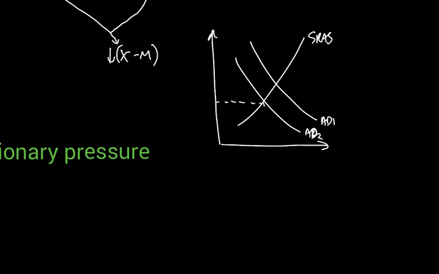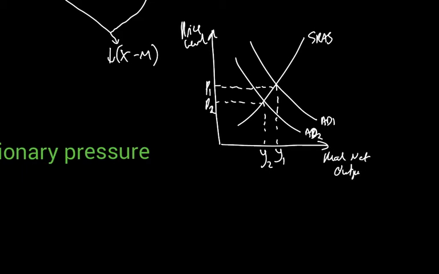And what we see here is that we get our reduction in the price level and our reduction in real national output.